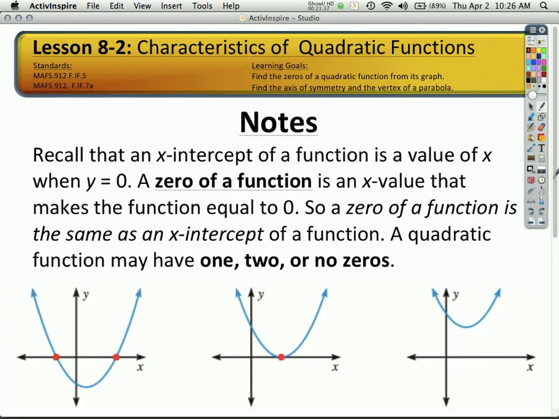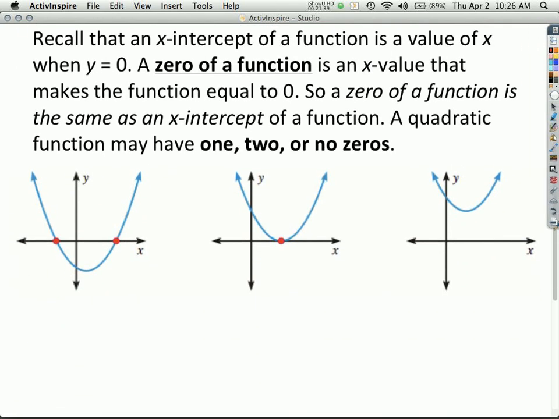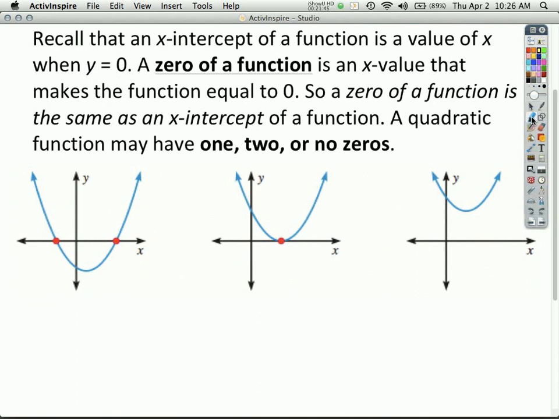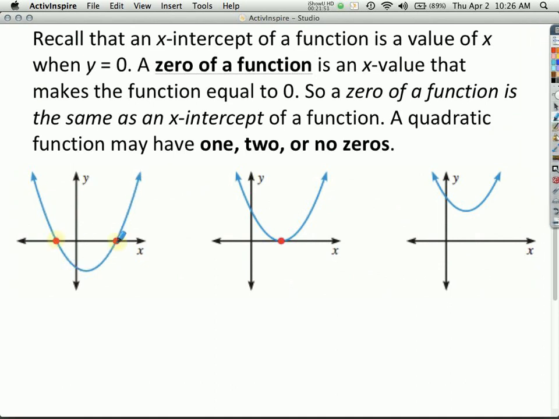So, if a zero of a function is where the graph crosses the x-axis, well, we could have a parabola that goes like this and crosses in 2 spots, 1, 2. We could have a parabola for which the vertex is sitting on the x-axis.